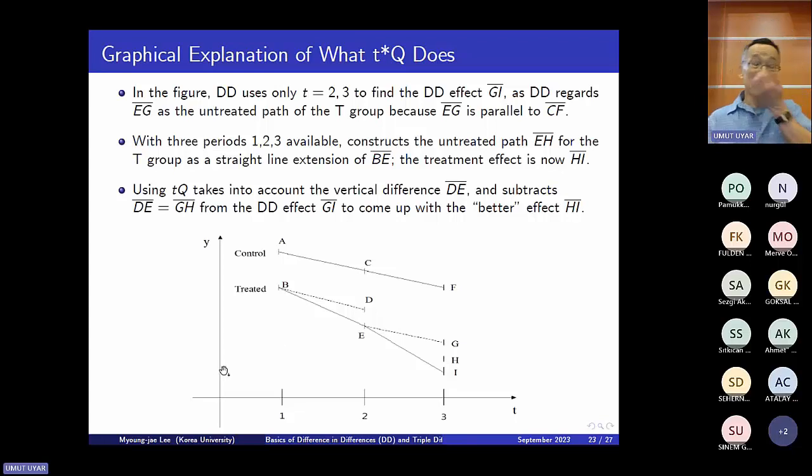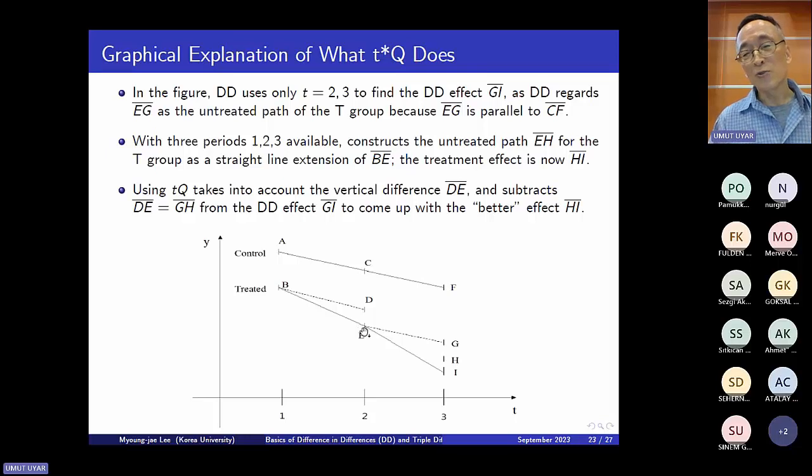However, if I use the T1 outcome, you can see that from T1 to T2, the untreated paths are not parallel. You can see the parallel path would be this, but the actual path is different by this much.